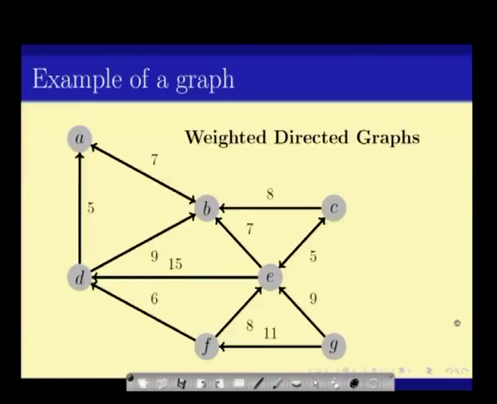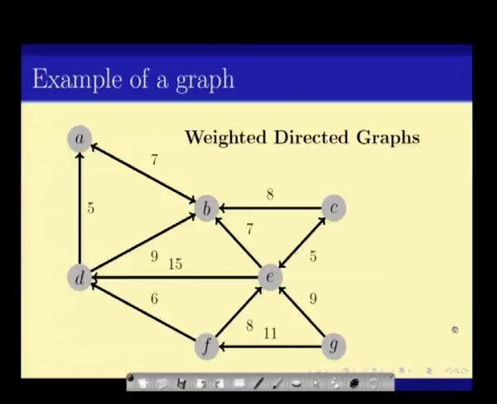We can have weights here, and we can also have directed edges. A directed edge means there is an arrow from D to A, which implies that (D, A) is an edge, but since there is no arrow from A to D, (A, D) is not an edge.